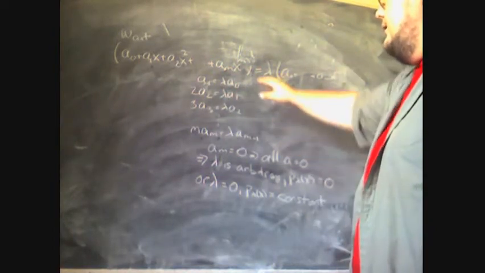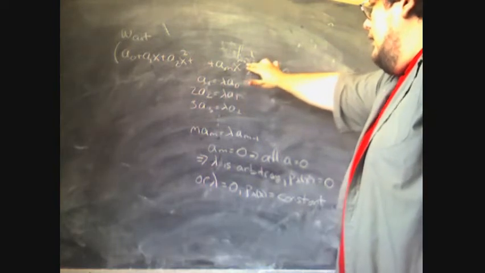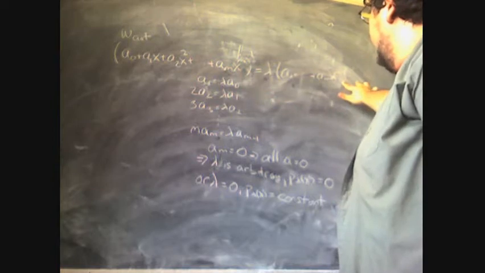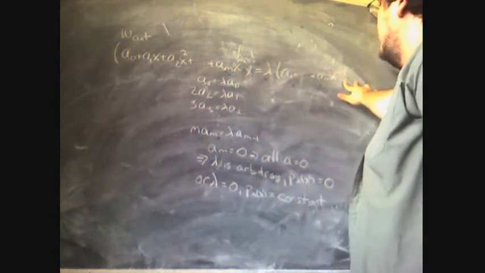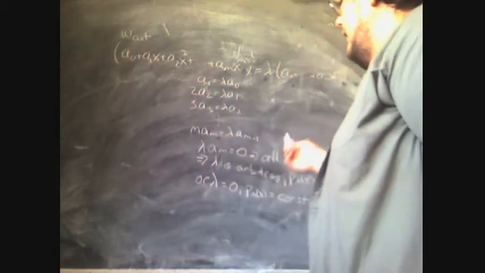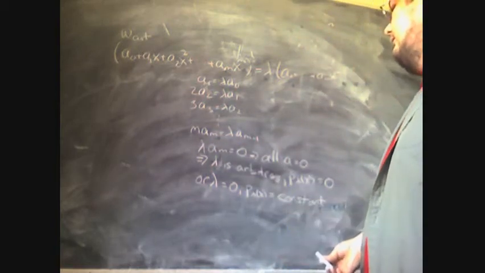But when we take our derivatives, there is no x to the m term over on this side anymore, and yet there's still one over here. So then we need lambda times a_m to equal 0.